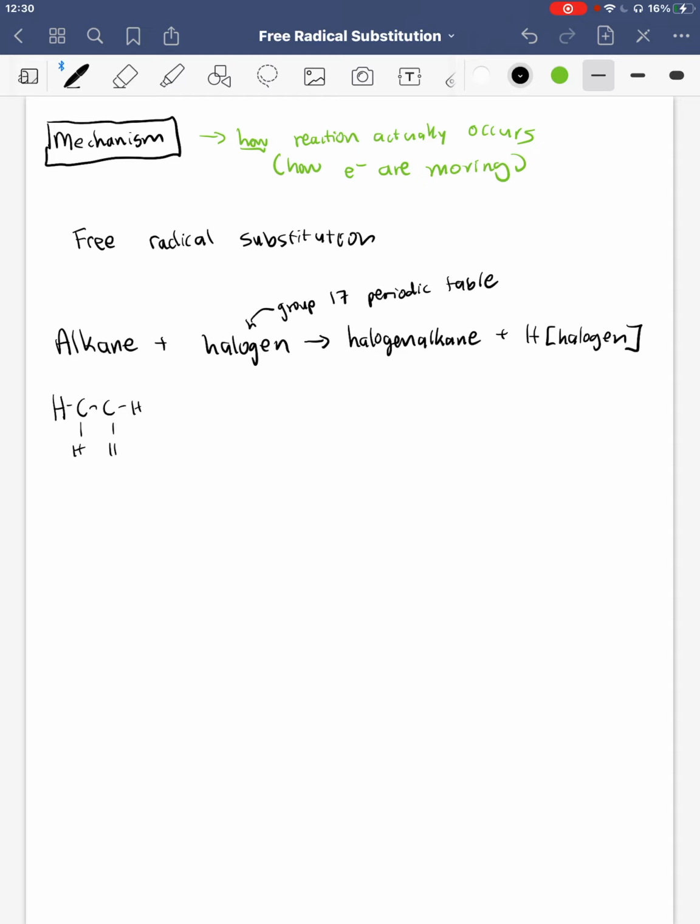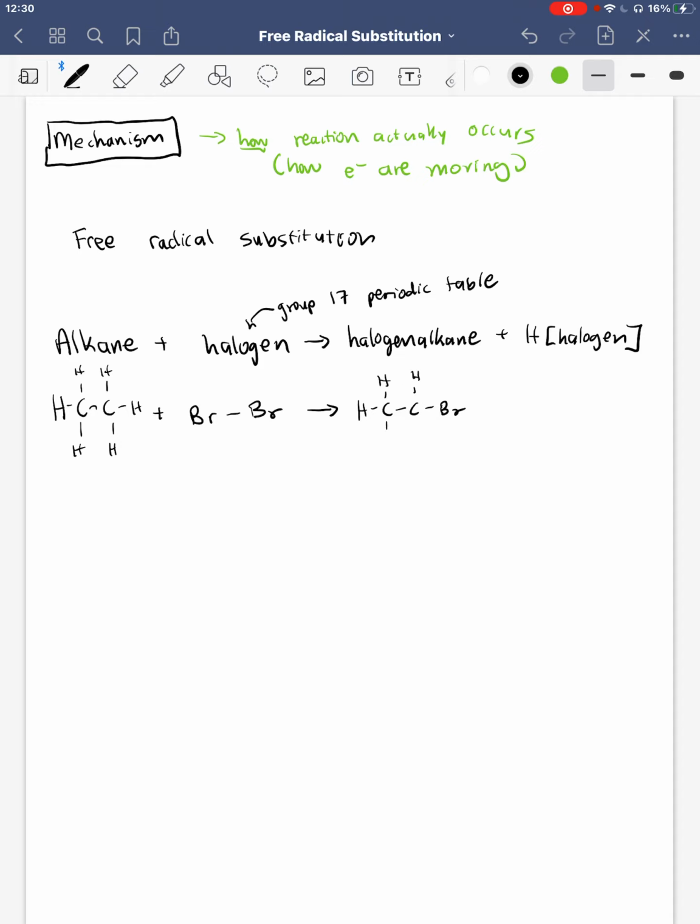So I'm going to draw the full structural formula here for ethane plus a halogen. Let's use bromine, for example. All of the halogens are what's called diatomic, so they all exist in molecules with two of the same atoms. So the big picture of this reaction is that we would produce the halogen alkane, so we'd produce bromoethane. Let's put a bromine on there.